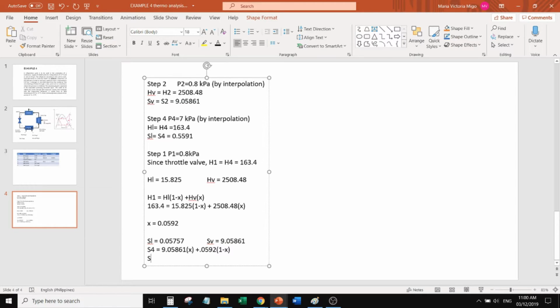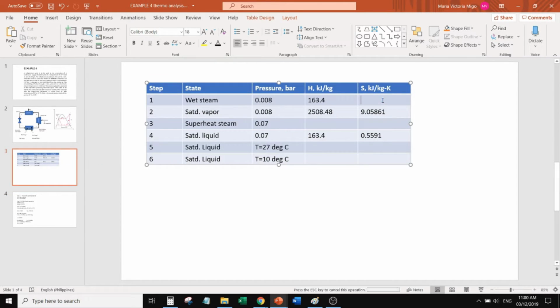So this is S4. You will get 0.5904. So let's update our table here.